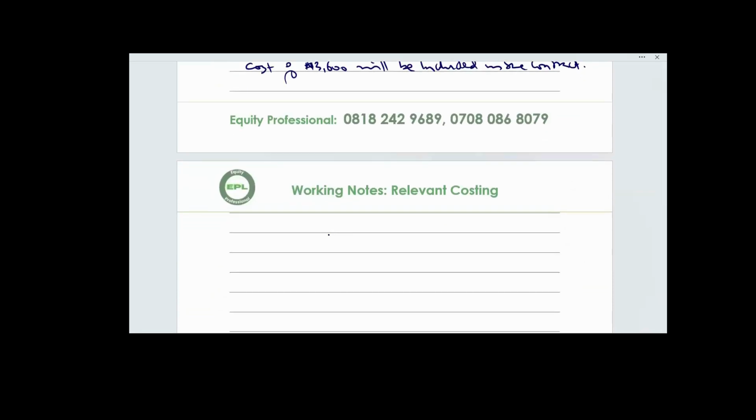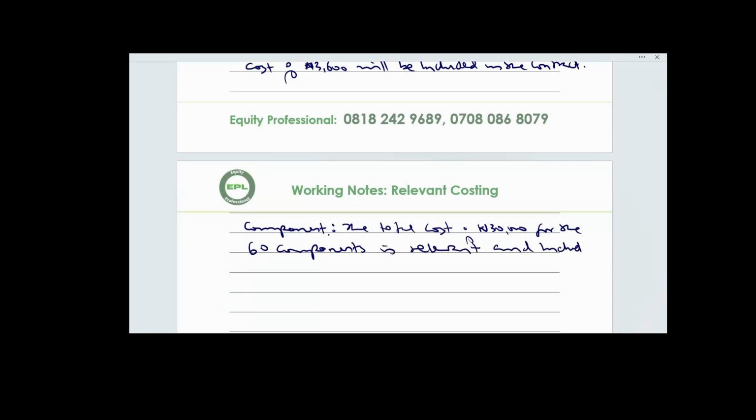Components: the total cost of the components of 30,000 naira for the 60 components is relevant and included in the contract.